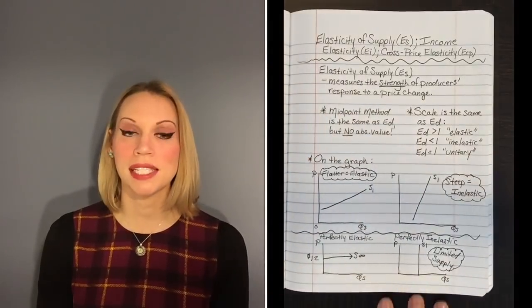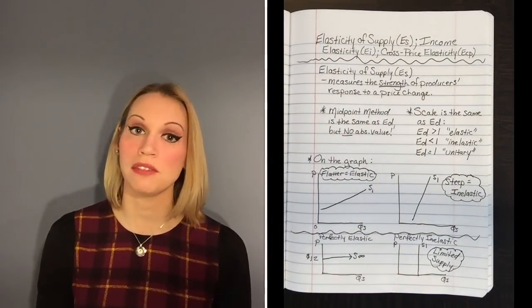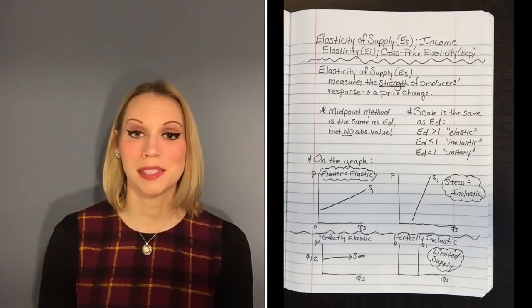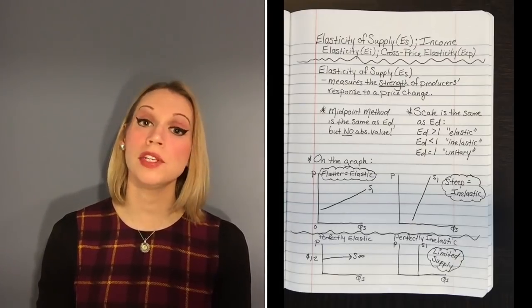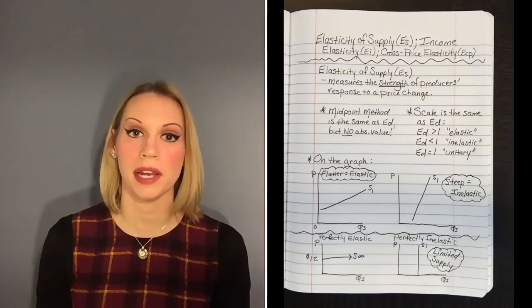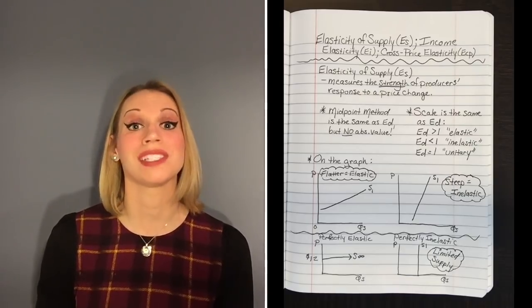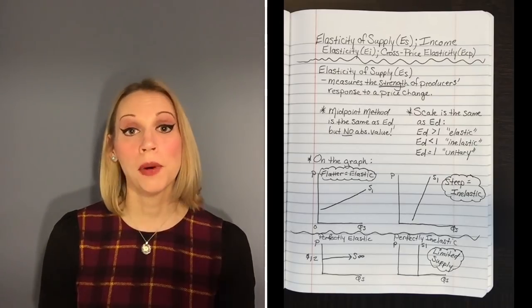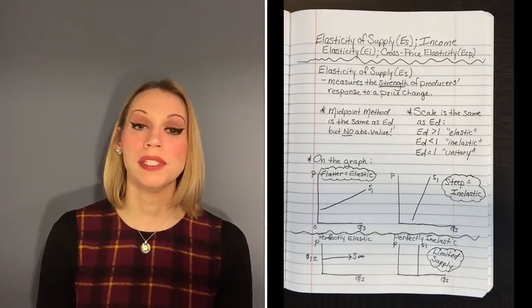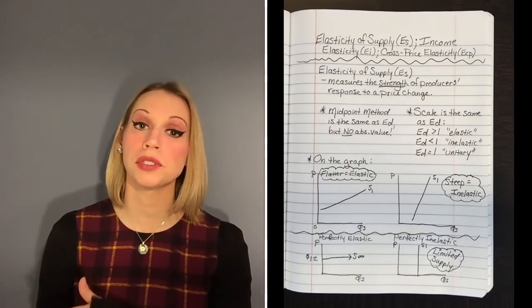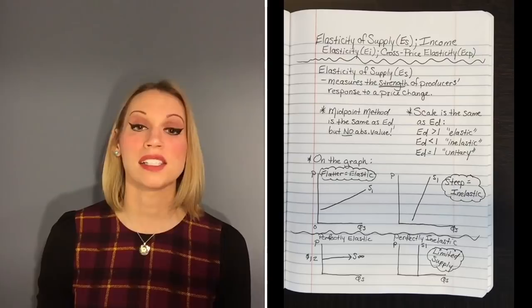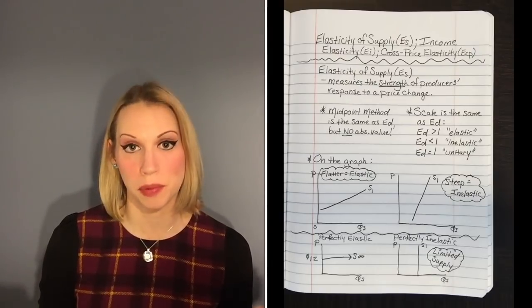A perfectly inelastic supply curve would be straight vertical. A perfectly inelastic supply would be where producers have no response to a change in price. Usually this happens whenever there's a limited supply of something. A perfectly elastic supply just means that suppliers will be willing to produce infinite amounts of something as long as they receive a certain price.